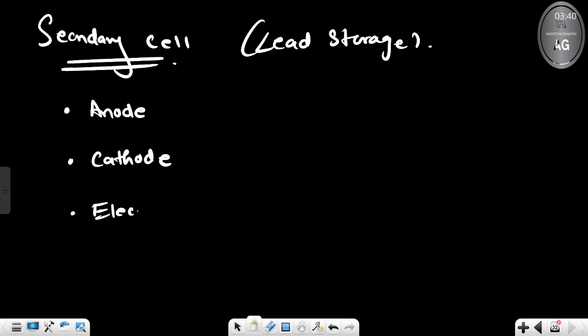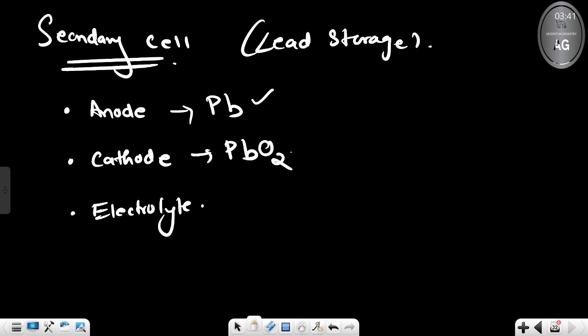Electrolyte used, we will see, and we will see the cell reaction also. Anode is lead, cathode is also lead, but in one case there is lead dioxide and in one case there is only lead. Anode is the oxidizing electrode, so anode will form Pb2 plus, so this is only lead and the other will be PbO2. Clear?